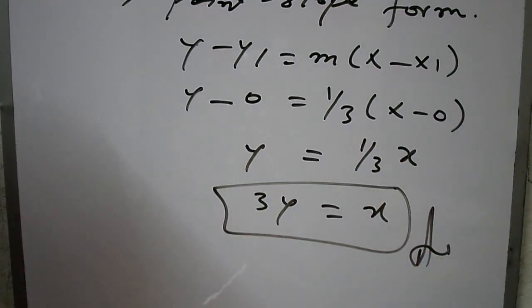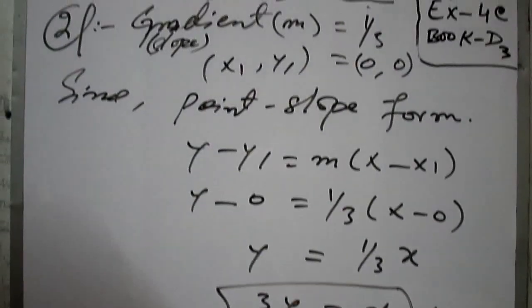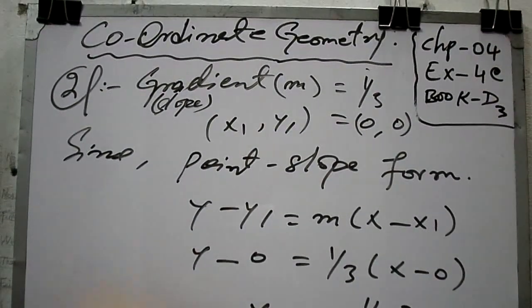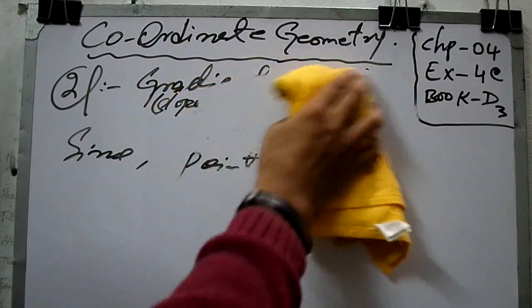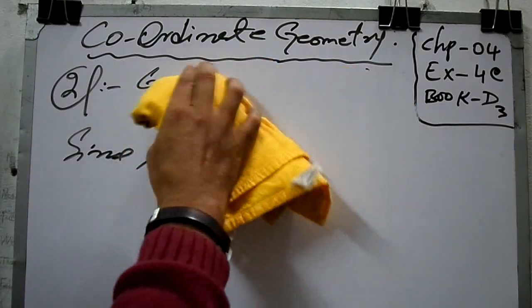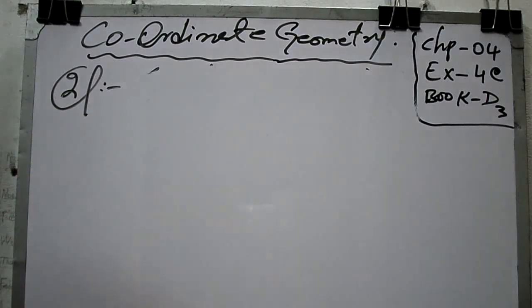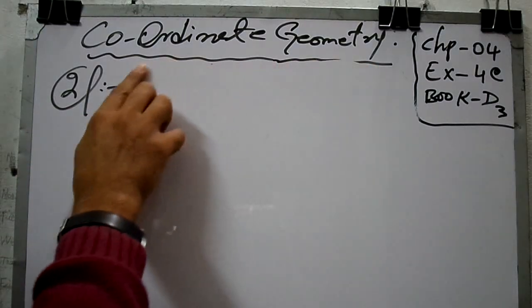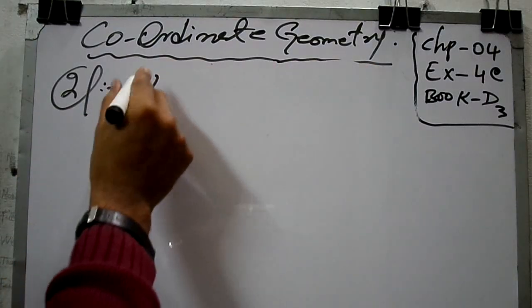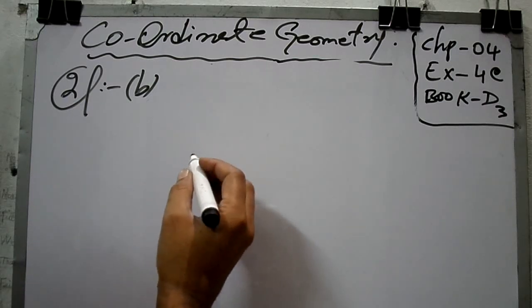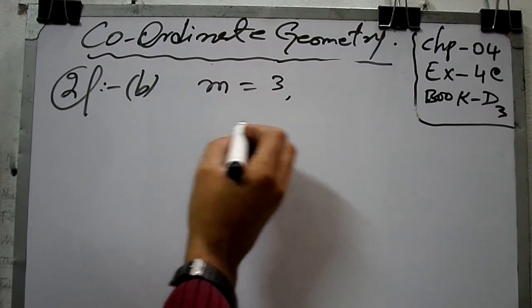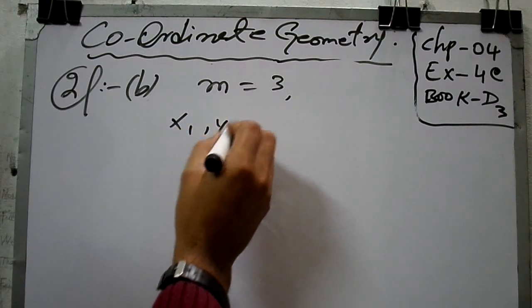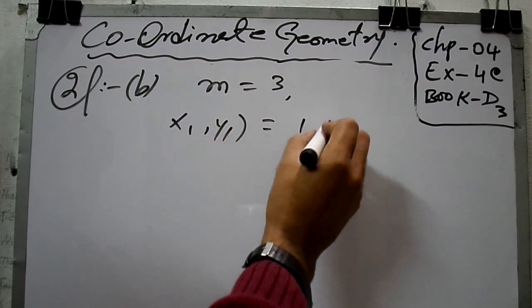Similarly, if you see part B, in part B, slope is 3 and x1 and y1 is equal to 1 and 1.